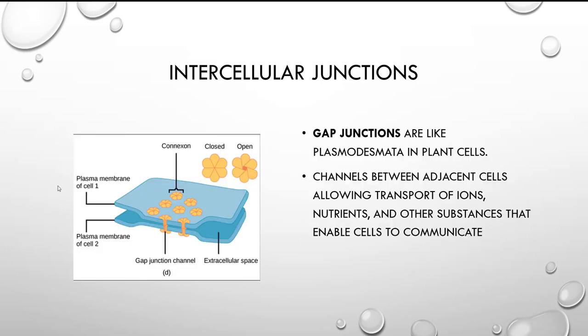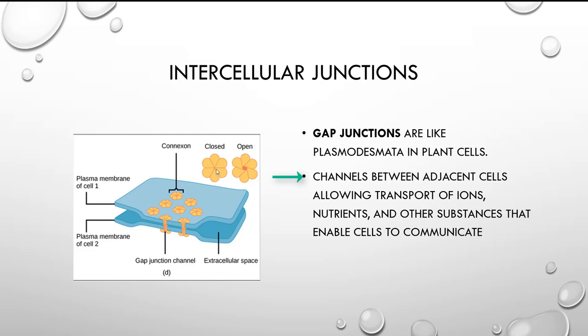And then finally we have a gap junction. So gap junctions, imagine those are kind of like the plasmodesmata of plant cells, but in this case, we have them for animal cells. So there are these little gaps that allow things to pass through easily from one cell to another.